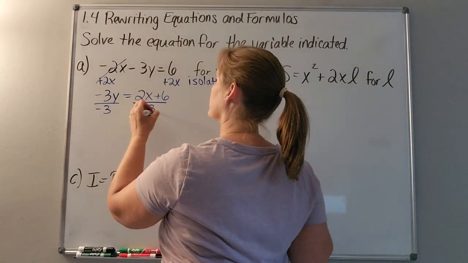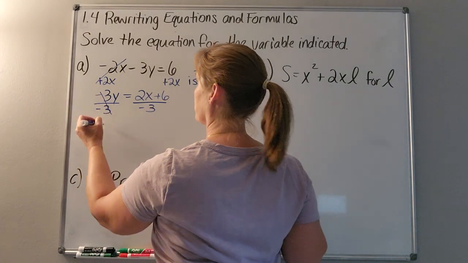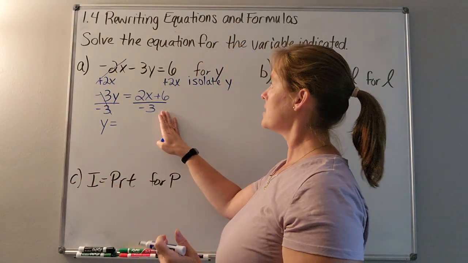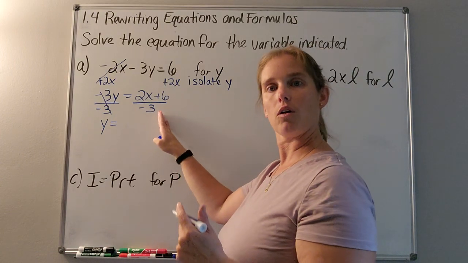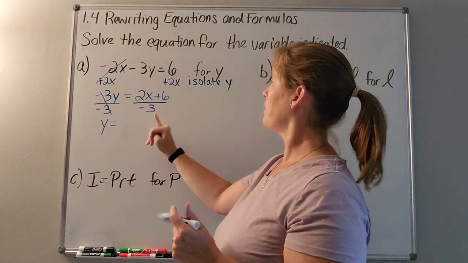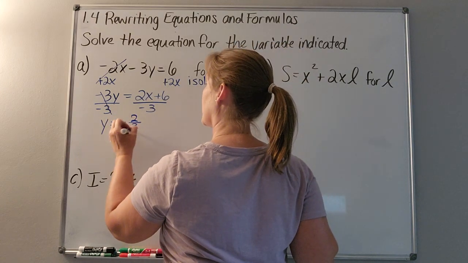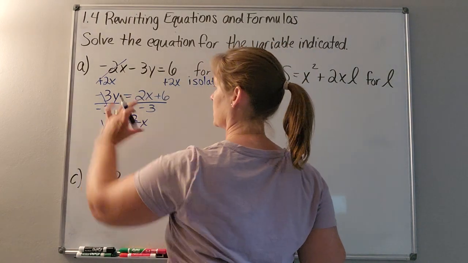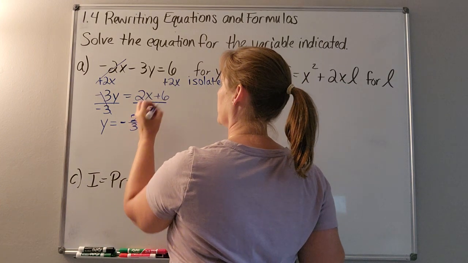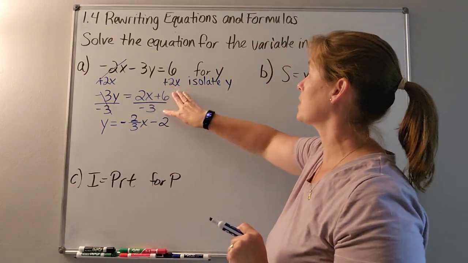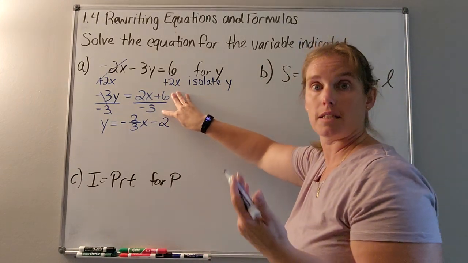And I divide everything on the right side by negative 3. So I've got y. And then you could leave it like this. A lot of times, though, you're encouraged to split this up because this is really a common denominator. And you'd have 2/3 x, because the constants can come out in front, and then minus 2. I would accept 2x plus 6 over negative 3 as an acceptable answer.